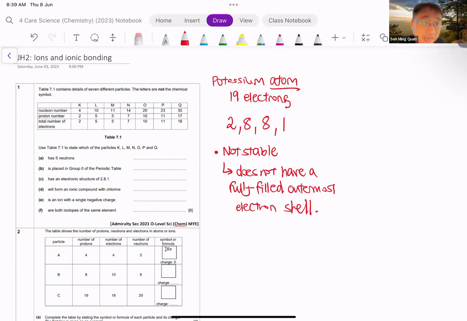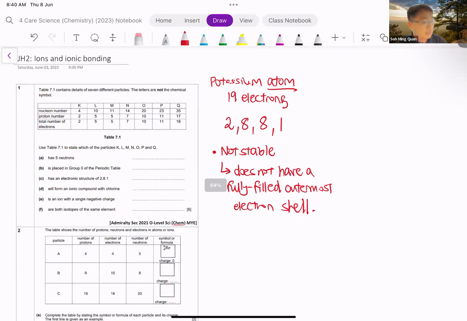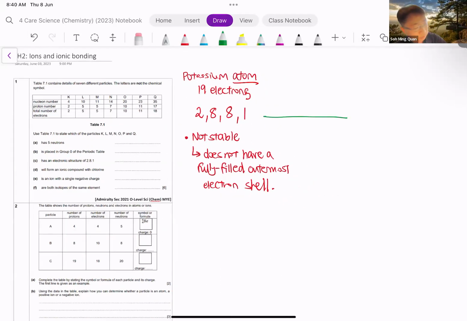Because it only has 1 electron in its fourth shell, the fourth shell is not fully filled, so it is not stable as a result. As a result of this, what will potassium do? We have already gone through this last lesson. Potassium will lose 1 valence electron.